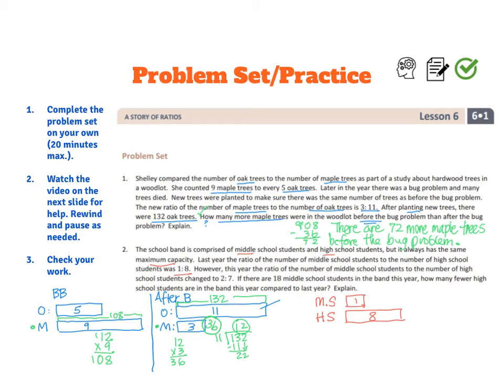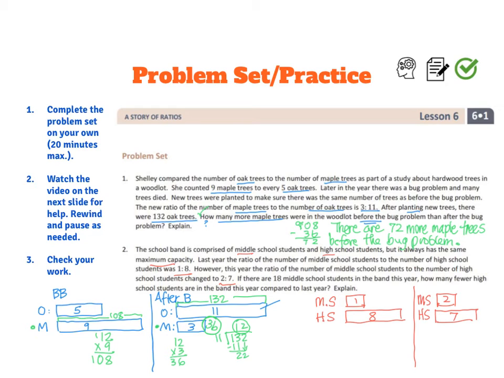However, this year the ratio of middle school to high school is now 2 to 7. Notice 8 plus 1 is 9, 7 plus 2 is 9, so the maximum capacity stays the same. They told us that, so I have that drawn.